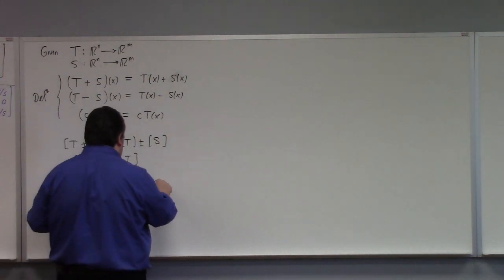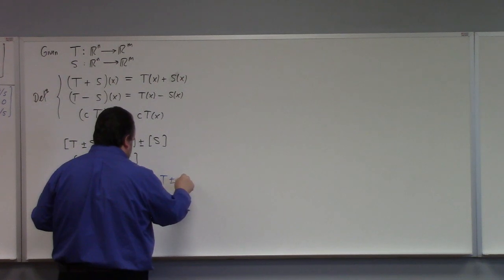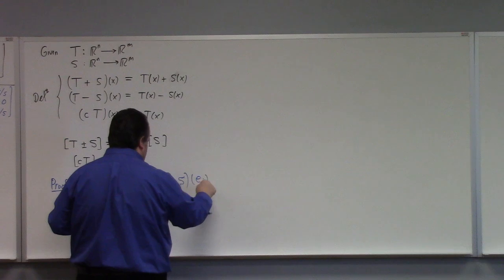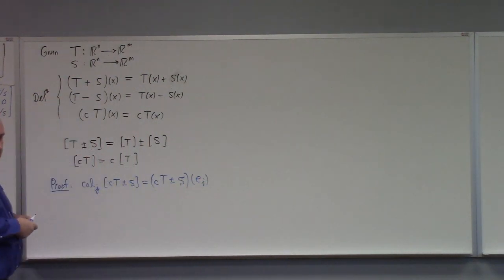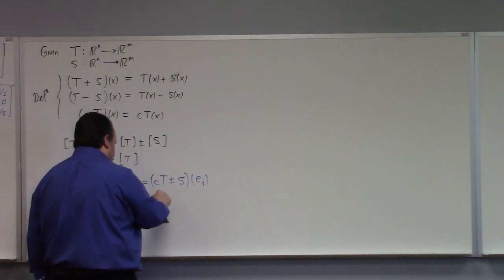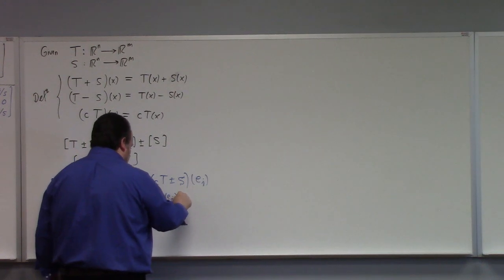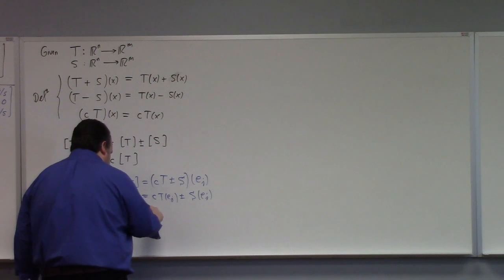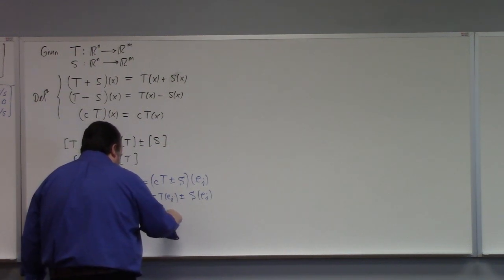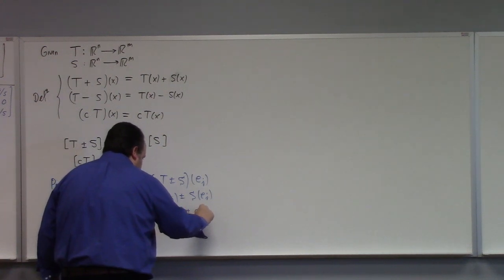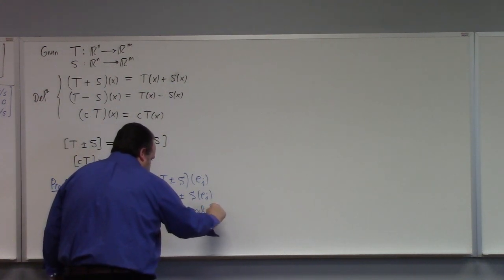So this would be (cT plus or minus S) on e_j, by definition of standard matrix. That's how we find the jth column. And then by the definition I just gave, that's c times T(e_j) plus or minus S(e_j), which, by the way, is c times column j of the standard matrix of T plus or minus column j of the standard matrix of S.